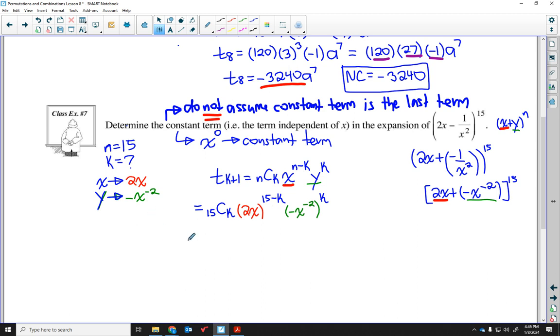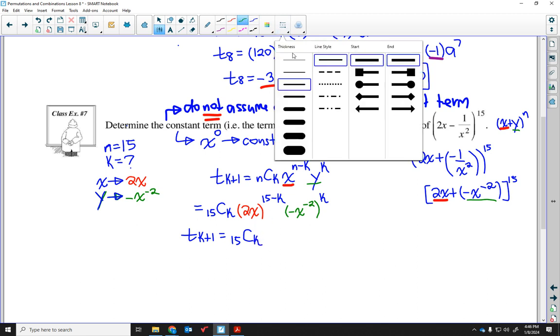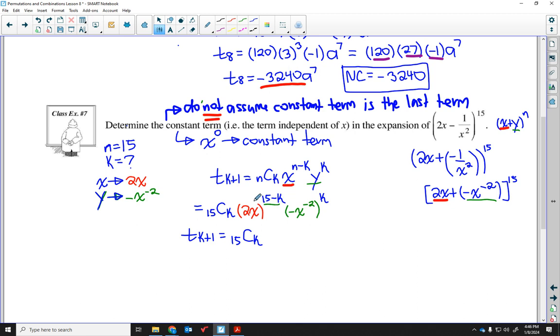Let's write down t sub k plus 1 is equal to 15 choose k. Now, what I can do here is this is the power of a product, so I can apply this exponent to the 2, and I can also apply it to the x separately. I'm doing this because I want to find a way to get x combined with the x over here, so I need to separate the 2 from it.